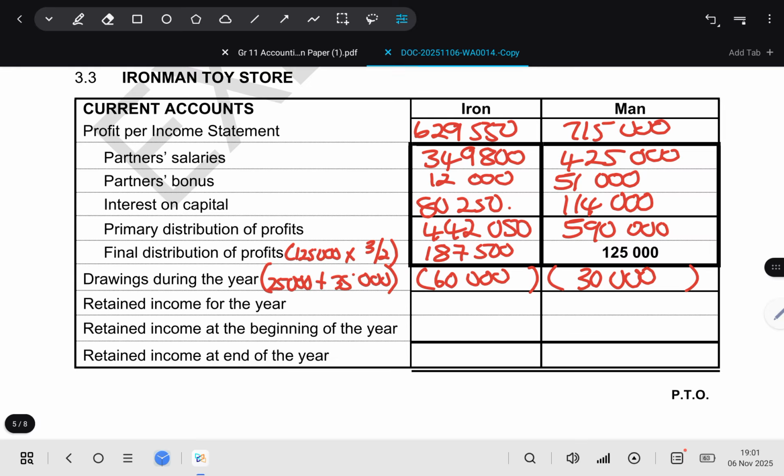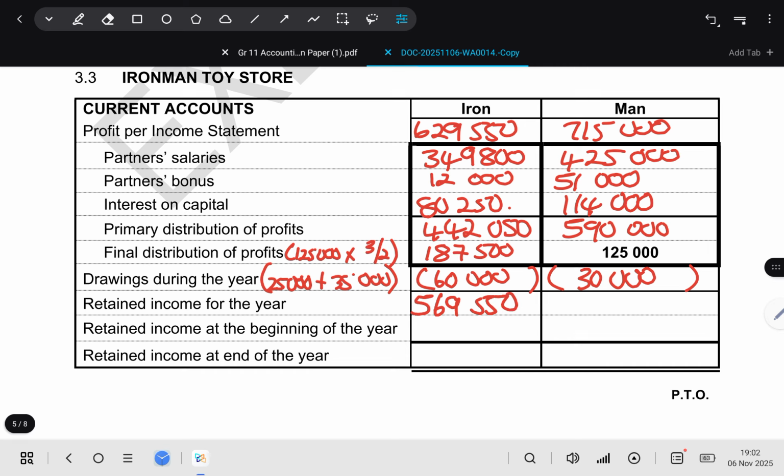Now when we take this 629,550, and then we subtract our drawings of 60,000, it is going to give us retained income for the year of 569,550.